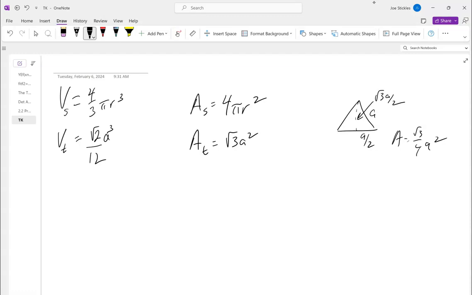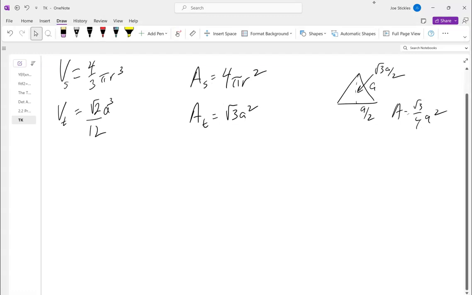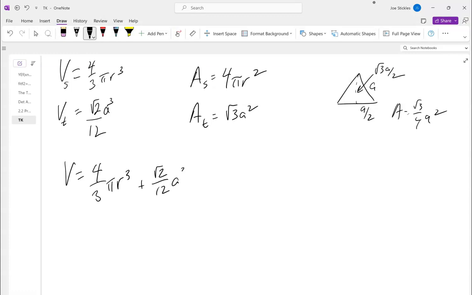All right, anyway. So we know that the total volume will be 4/3 pi r cubed plus root 2 over 12 a cubed.